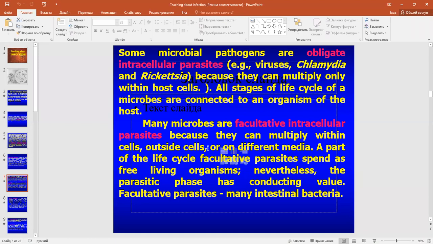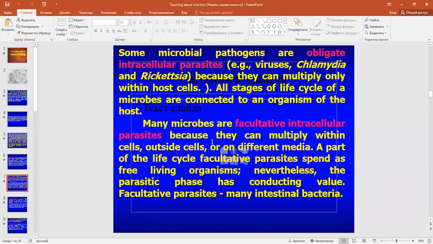Some microbial pathogens are obligate intracellular parasites. For example, viruses, and some bacteria such as chlamydia and rickettsia, because they can multiply only within the host cell. All stages of the life cycle of these microbes are connected to the organism of the host.